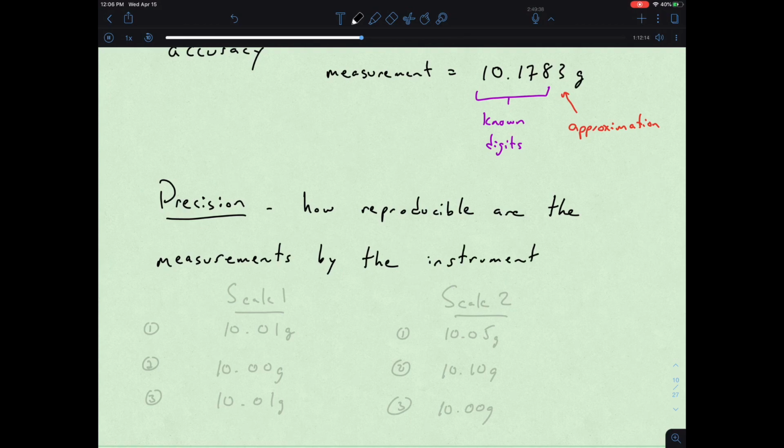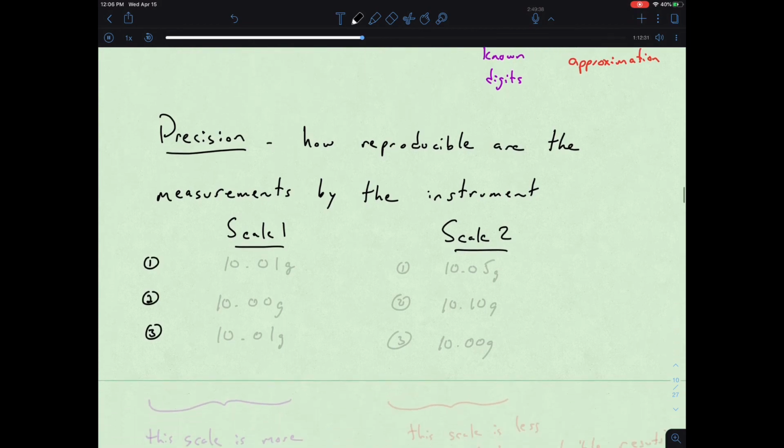So we can go back to a scale example representing scale 1 and scale 2, and we take 3 different measurements of a piece of material.